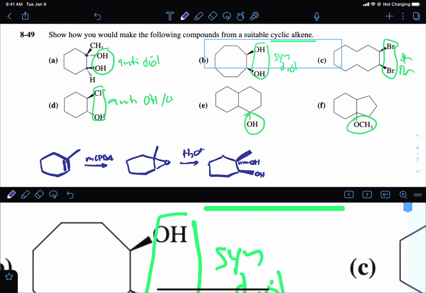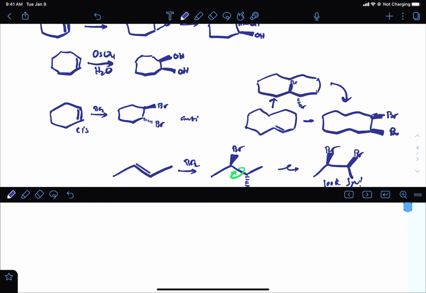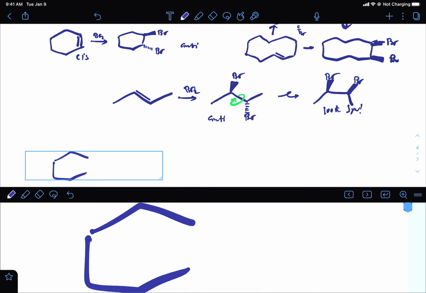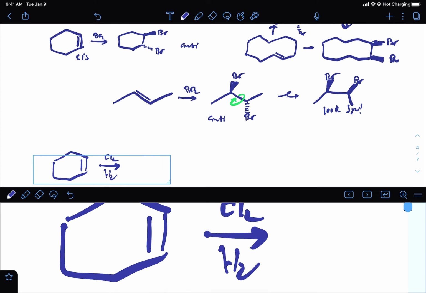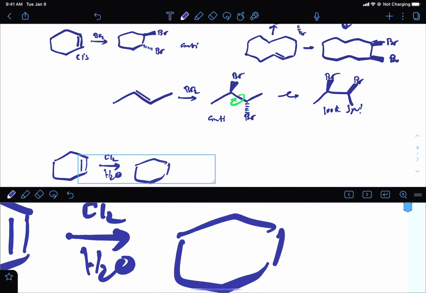All right, anti-OH and Cl, that was where we started with our alkene. We use Cl2 and H2O. That makes the chloronium ring.